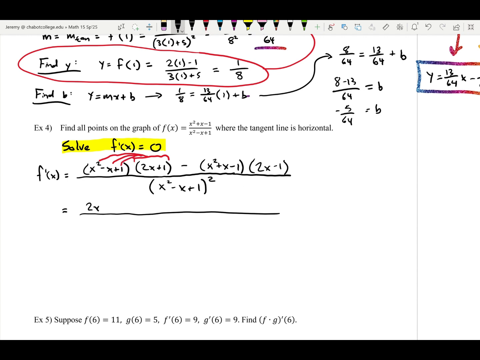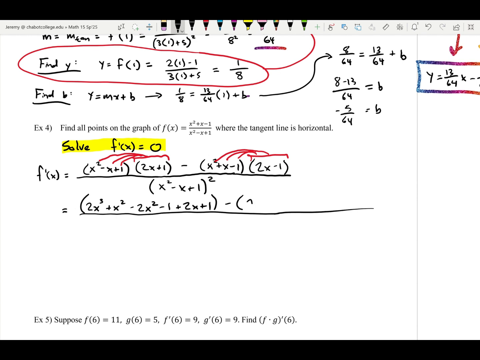I'll get 2x cubed plus x squared minus 2x squared minus 1 plus 2x plus 1. So that's that first product minus now the second product. Again, I'll distribute this binomial into each of those terms there.